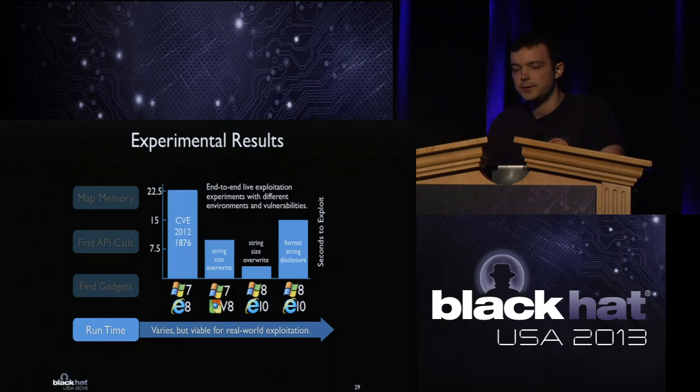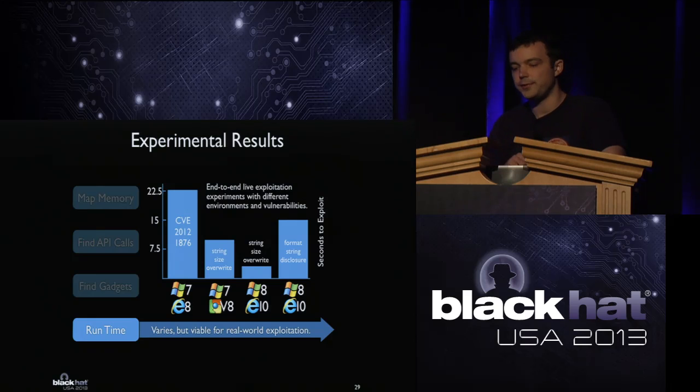And the target is against Windows 7 on Internet Explorer 8. And this vulnerability, we set up a memory disclosure similar to the one that Luca talked about earlier, where we overwrite the string size and then we're able to read from arbitrary addresses in memory. And we see that took about 22 seconds. So not so great, but not so bad either.